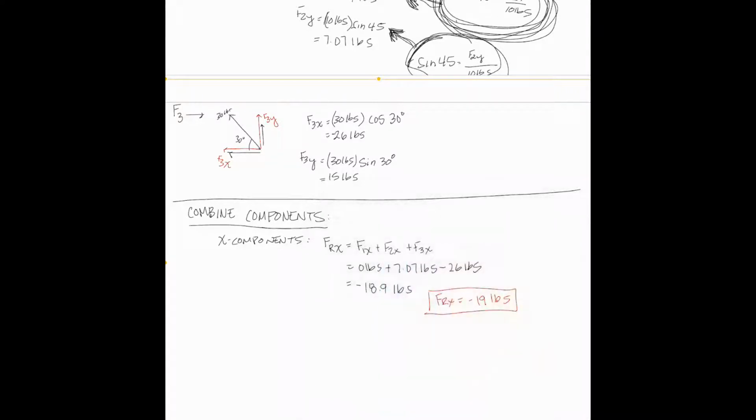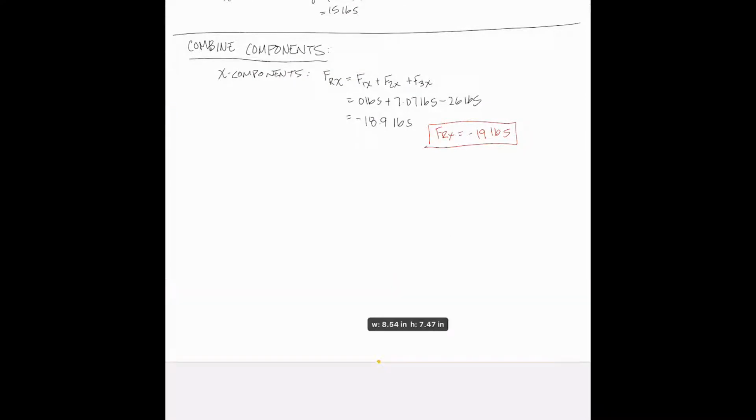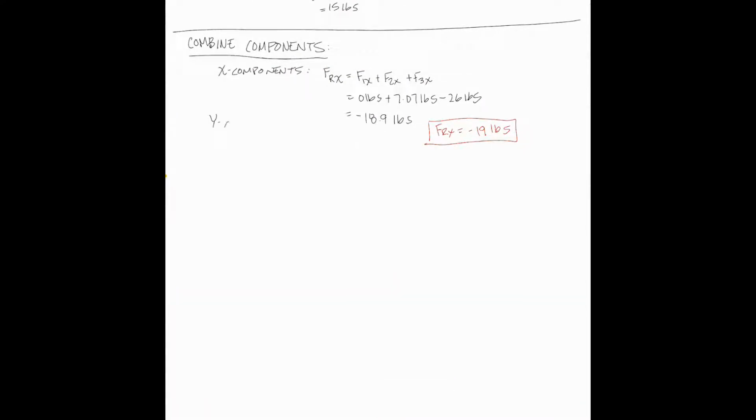All right, now we can add up our y components. F resultant in the y direction is going to be, again, you literally just add them up. That's why we split them up in the first place, so that we can add them together. So we're going to do F1y plus F2y plus F3y. So F1y, we had negative 20 pounds.